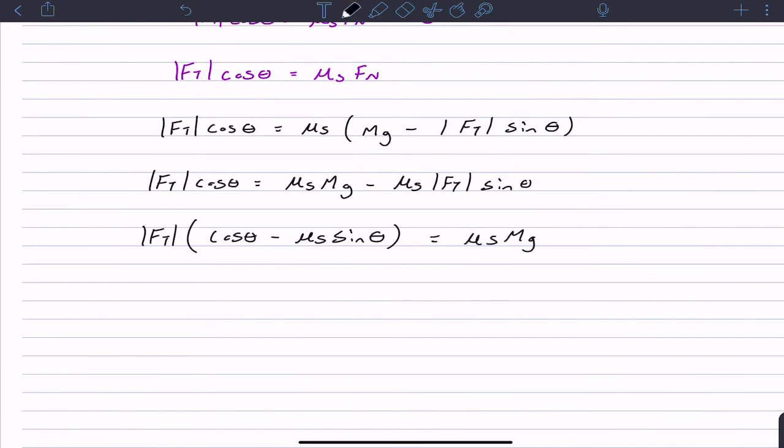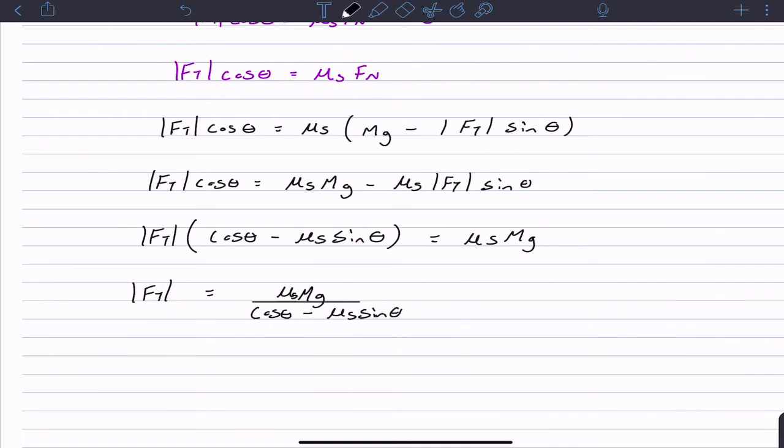This is mu. Okay, that means that Ft is equal to mu mg. Drawing a mu is hard. Mu mg over cosine theta plus mu sine theta.